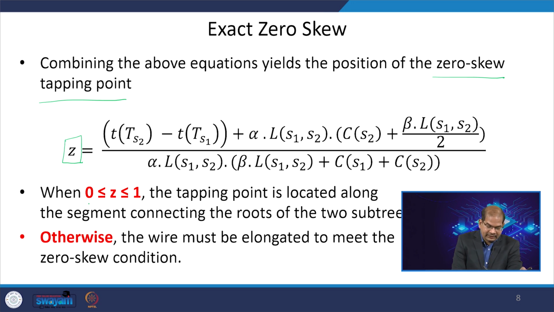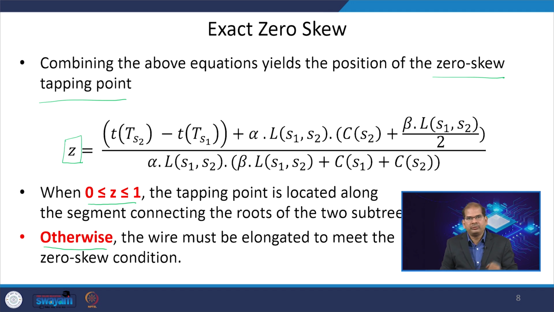If your z lies between 0 to 1, then the tapping point is located along the segment connecting the roots of the two subtrees. What is the other case? If it is not the case, then it is not possible to route both the metals such that we can get zero skew.